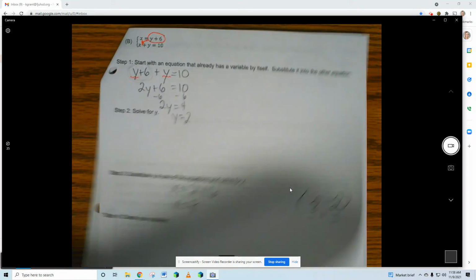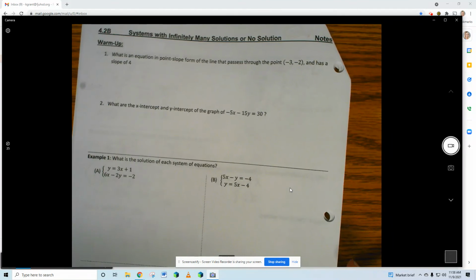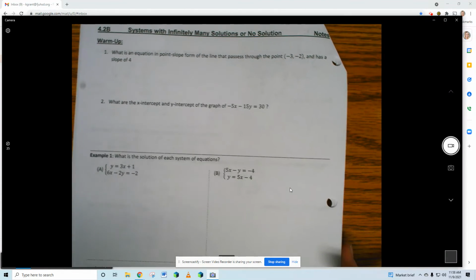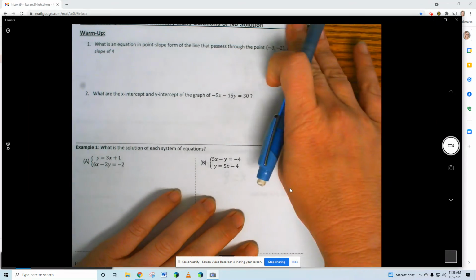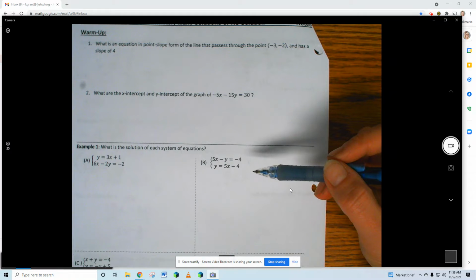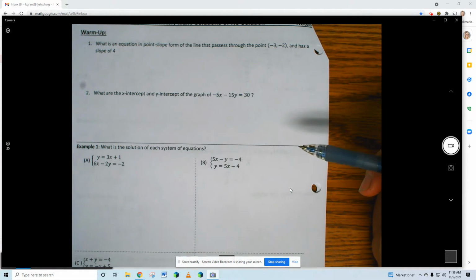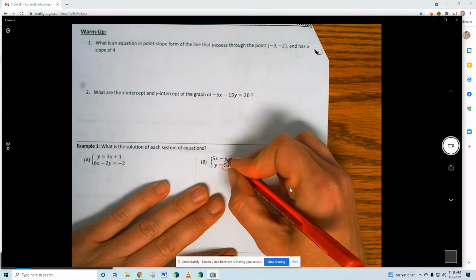All right, I'm going to do a little bit of 4.2b. What is the solution of the system of equations? You need to plug in 5x minus 4 in for y.